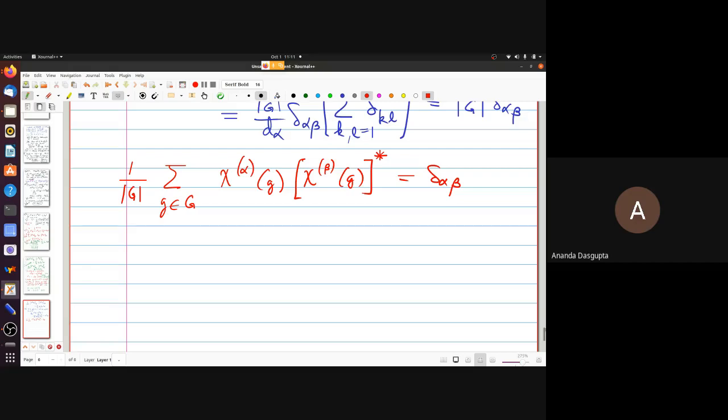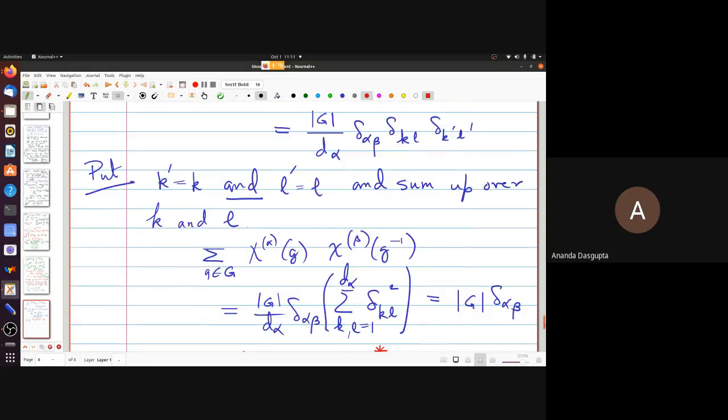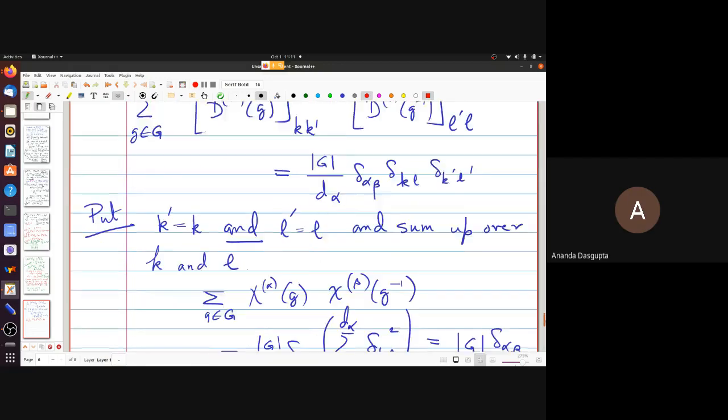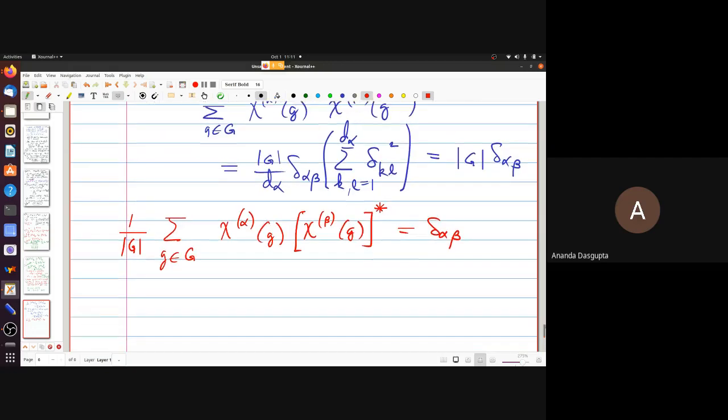What I had for all irreps was this statement up here: this thing is equal to mod G delta alpha beta. Now what I did, specifically for unitary representations, was to see that chi beta G inverse is chi beta G's conjugate, so I have this relationship.